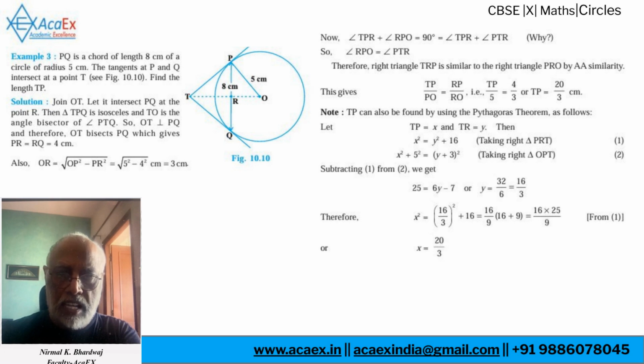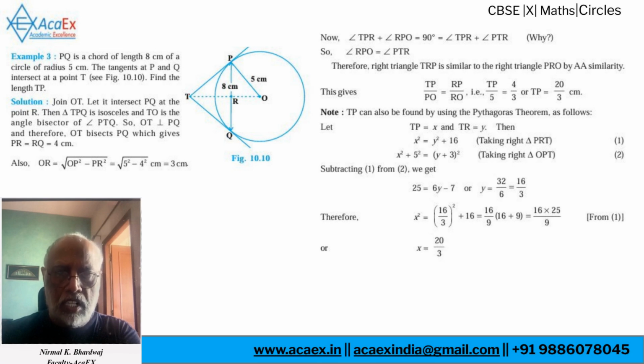Since OT bisects the chord PQ, the length of PR is half of 8, which is 4 centimeters. Now consider the right-angled triangle OPR. Using the Pythagorean theorem, we can find the length of OR. OR is the square root of 5 squared minus 4 squared, which is the square root of 9, so OR is 3 centimeters.